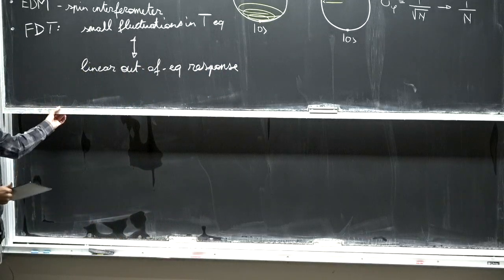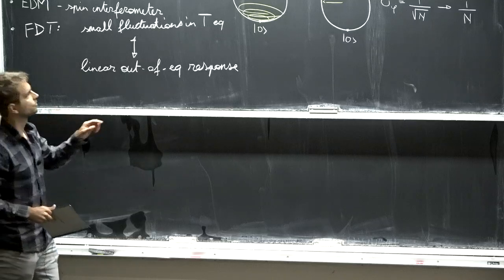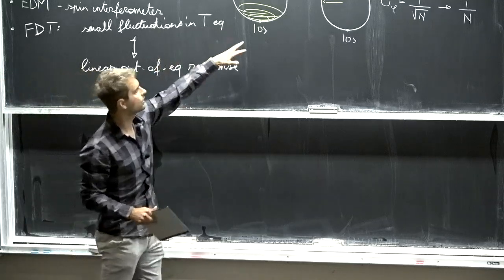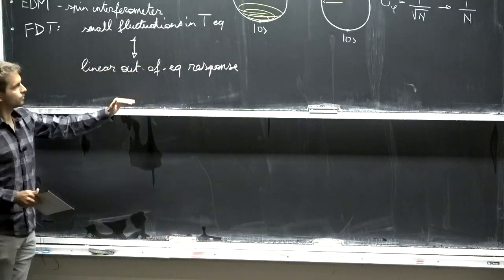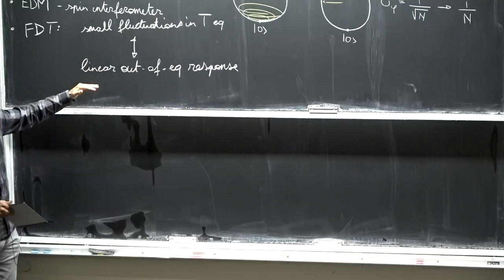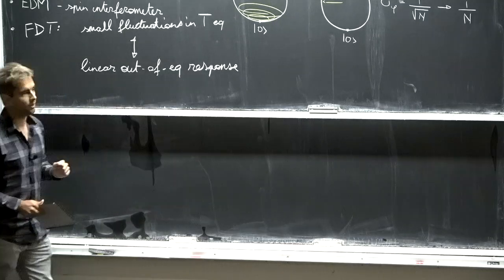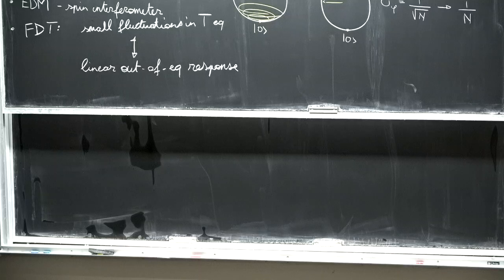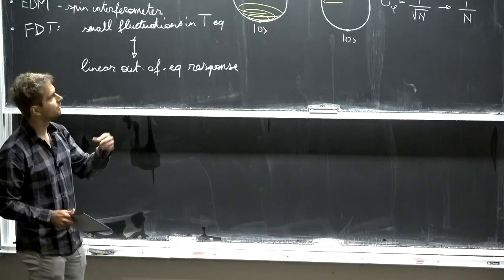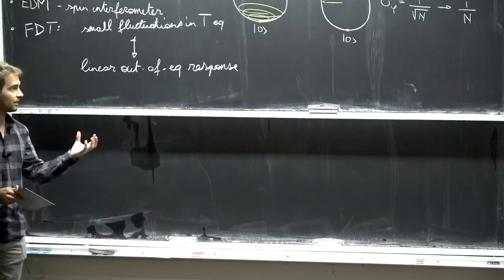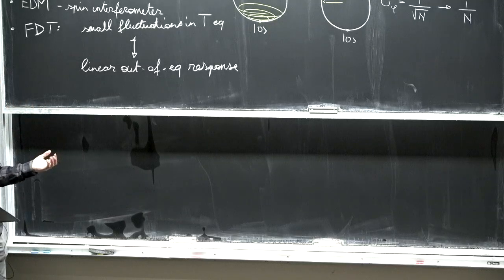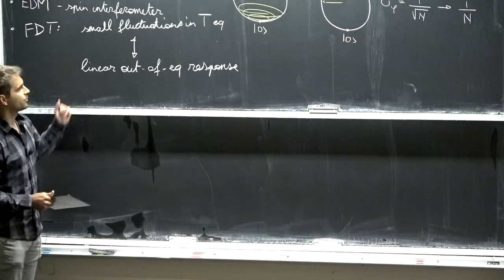So basically, if you poke your system, so if you poke your harmonic oscillator or two-level resonators out of equilibrium very weakly, you can model well how it responds, right? So if I push a mass on a spring, it will be displaced a little bit, and I can measure the spring constant, the mass of the object on the spring, as well as dissipation or damping of that system.